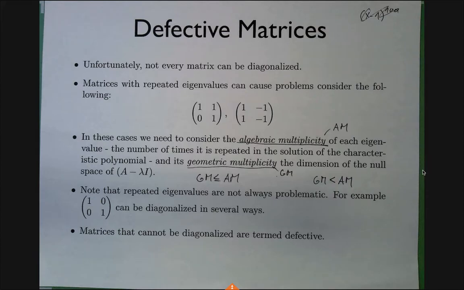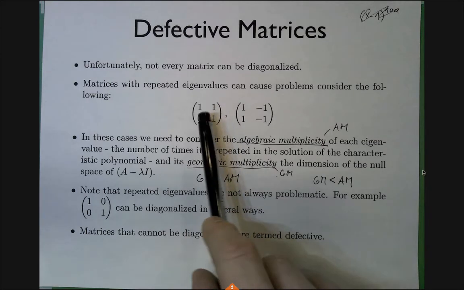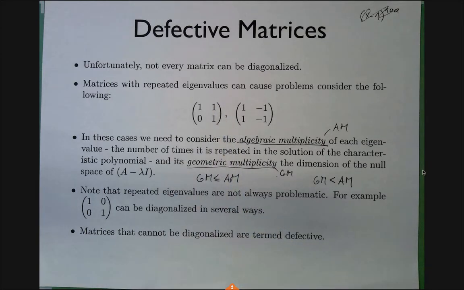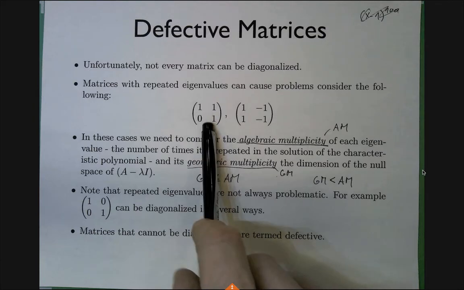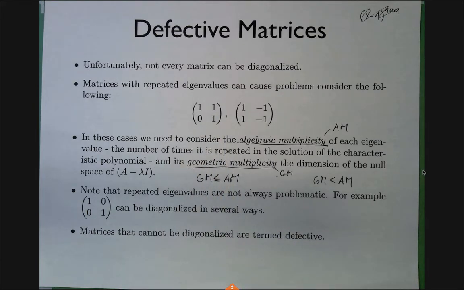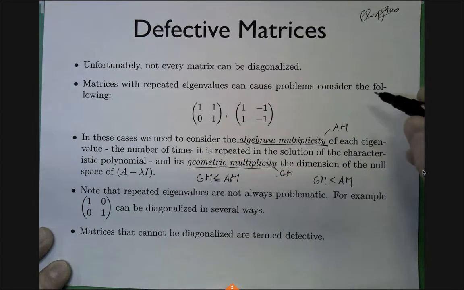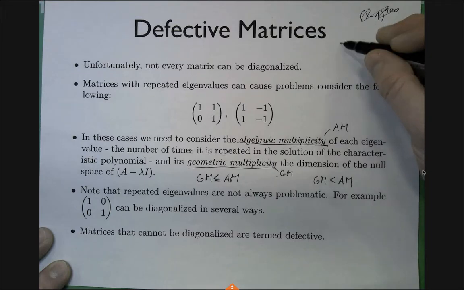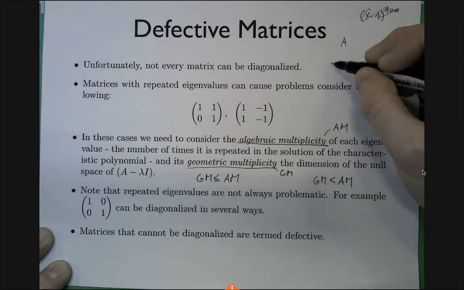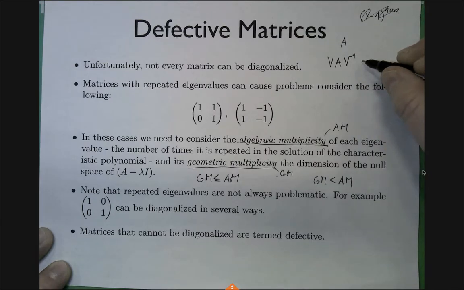So what can you do with matrices that are defective, that cannot be diagonalized? There is something you can do. That something is called Jordan normal form. If I get a defective matrix A, you cannot find an invertible matrix V such that V inverse A V would be diagonal.